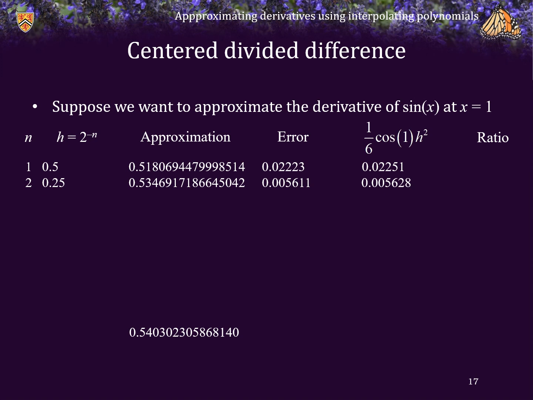So when we halve h again, in theory the error should go down by a factor of 4. Well, 22 divided by 4 is about 5.5. That's pretty close. In fact, the ratio is not exactly 1/4, but pretty close.